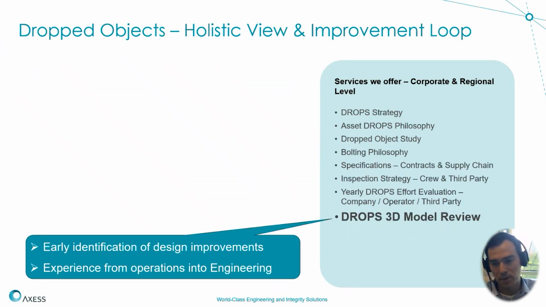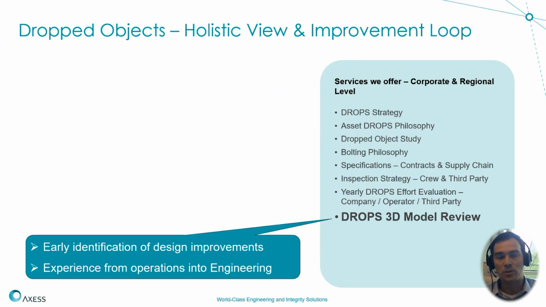And then the purpose of this presentation, which we'll delve into in more detail, is showing some examples on how to apply 3D model review and design review in general. The goal here is to have early identification to try to get design improvements.